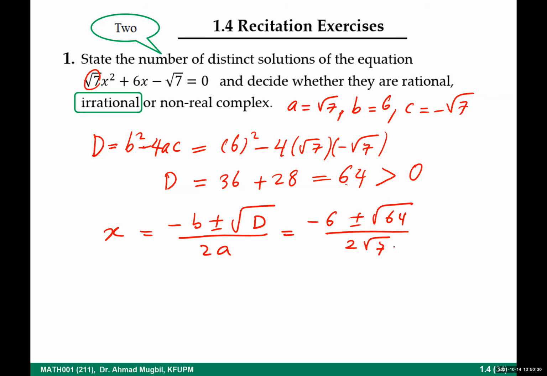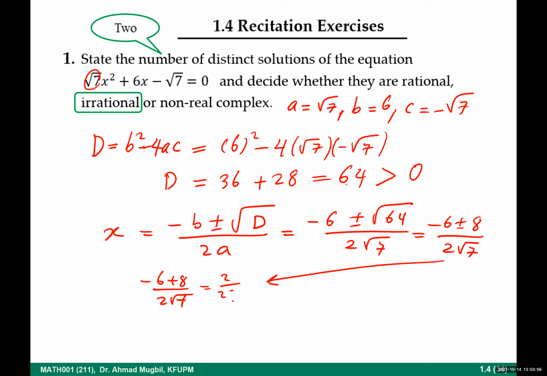It is 2 square root of 7. Now you have two solutions. What are they? Negative 6 plus or minus 8 over 2 square root of 7. From here we have two solutions. The first solution is what? Negative 6 plus 8 over 2 square root of 7, which is 2 over 2 square root of 7, which is 1 over square root of 7.